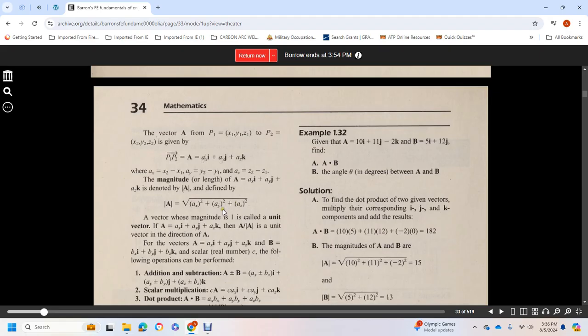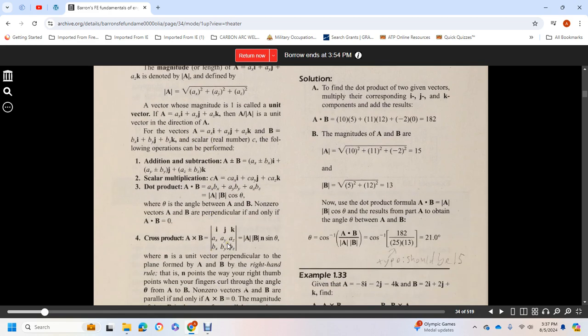For vectors A equal to Ax i plus Ay j plus Az k, and B equal to Bx i plus By j plus Bz k, and a scalar real number c, the following operations can be performed.